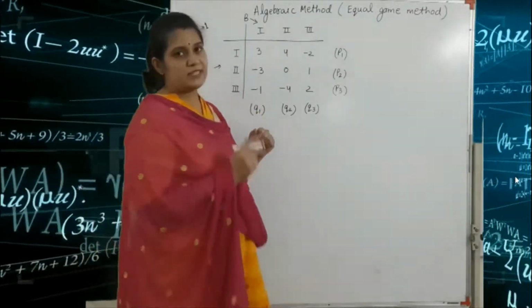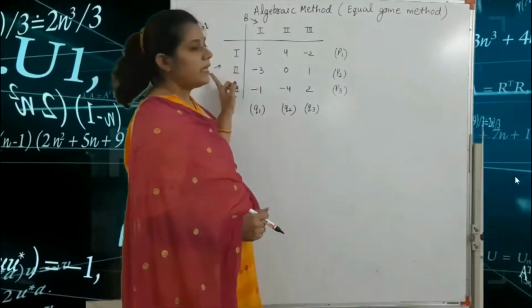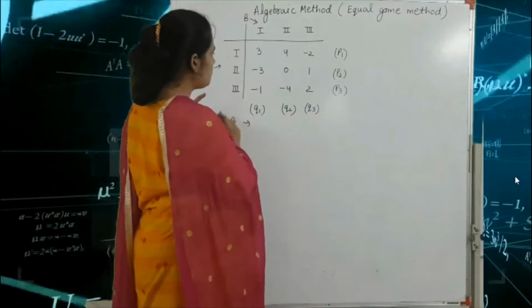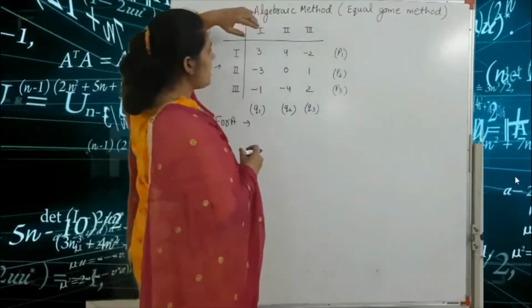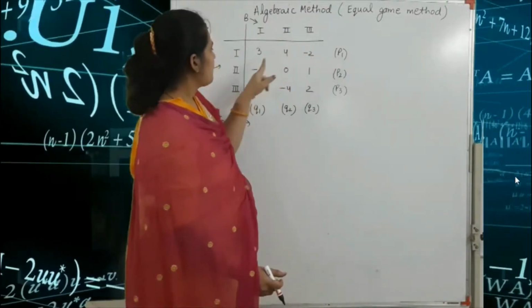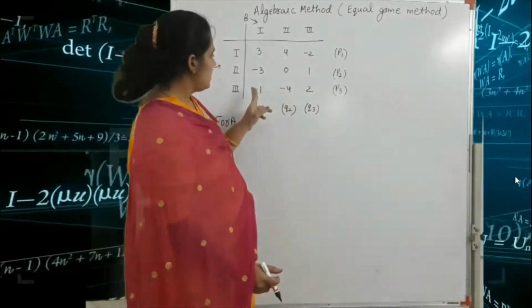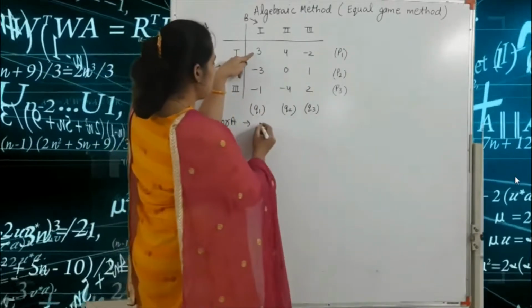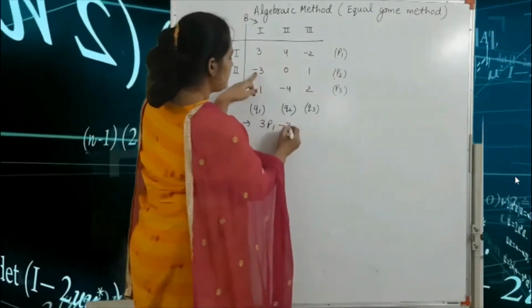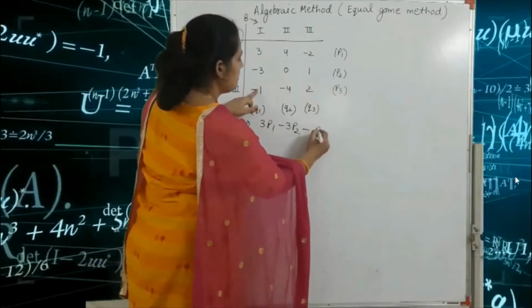First, we make the 3 equations according to player A. So for player A, we find the 3 equations. The first equation is 3P1 minus 3P2 minus 1P3.